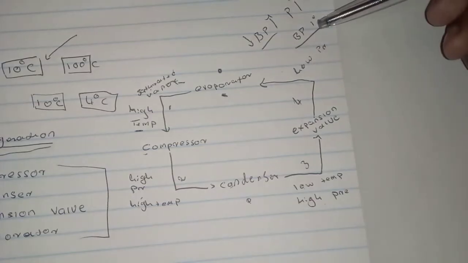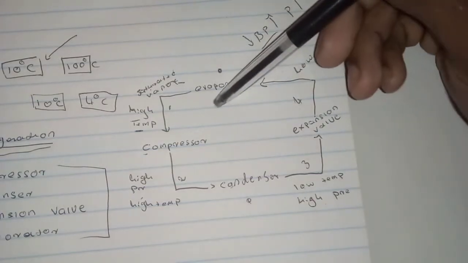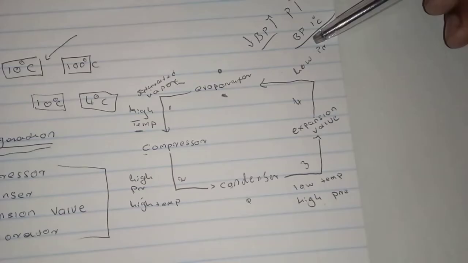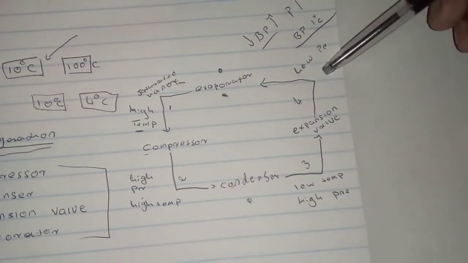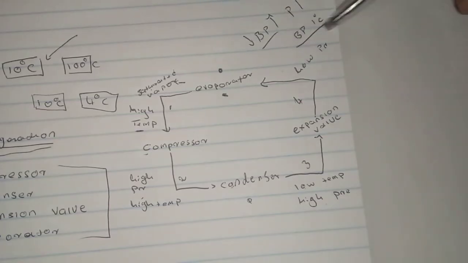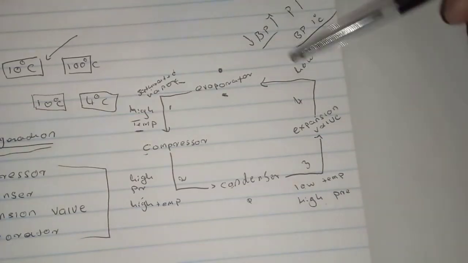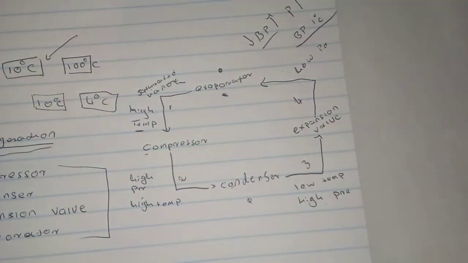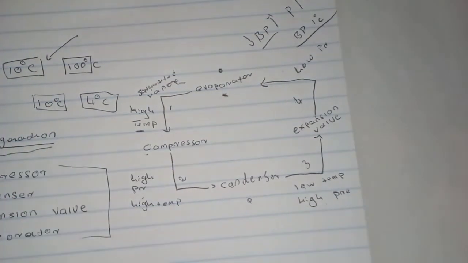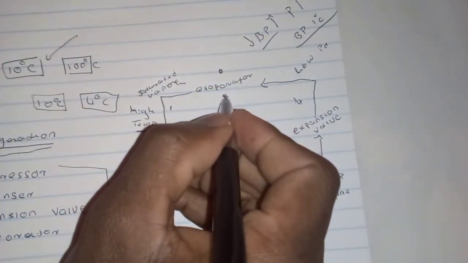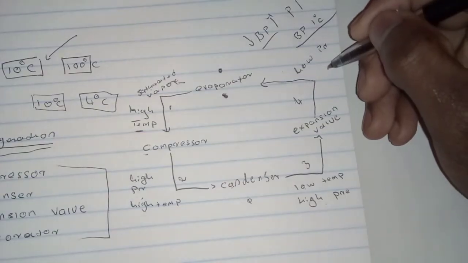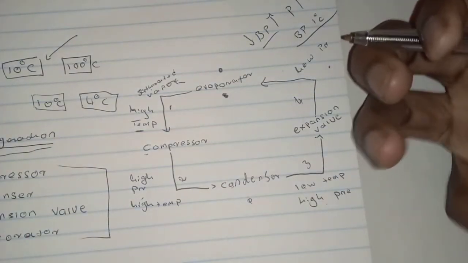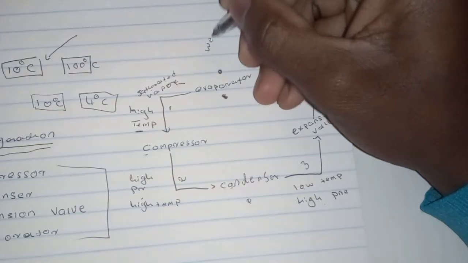The fact that this is boiling doesn't mean that this has a lower temperature than this one. It simply means that the pressure here is lower in such a way that the boiling point maybe is 1 degree Celsius. So as the refrigerant is passing through the evaporator, it will absorb the heat energy from the object, which will cause it to continue the phase change from the boiling point, since we know that when boiling starts, we are now having wet steam.